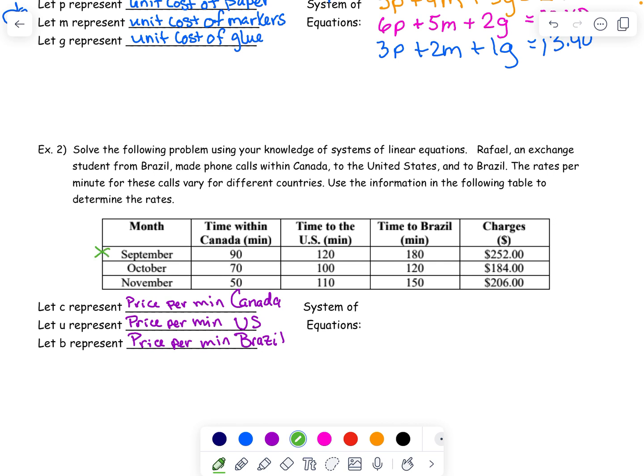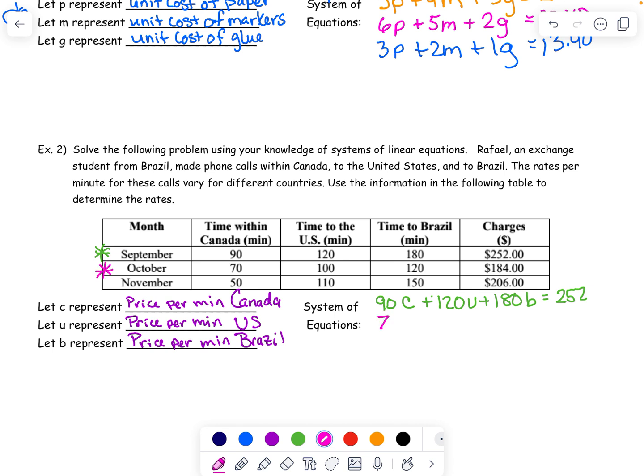Okay, so obviously we have 3 bills. We have September 1st, where we did 90 of these and 120 of these and 180 of these to make $252.